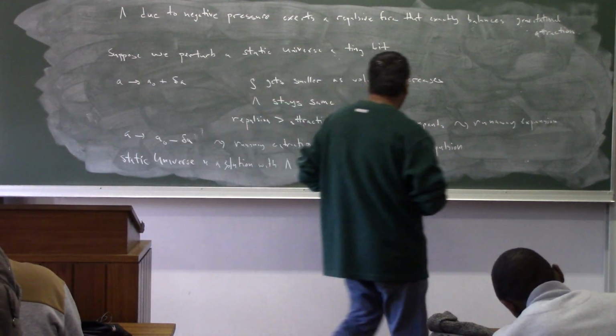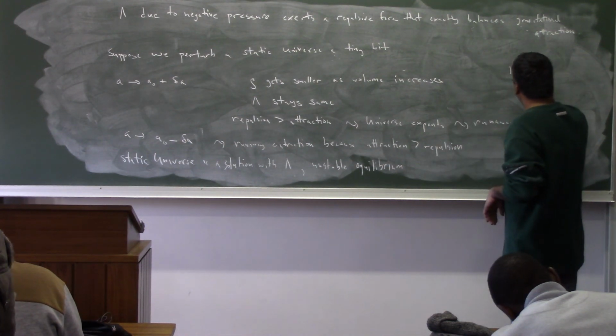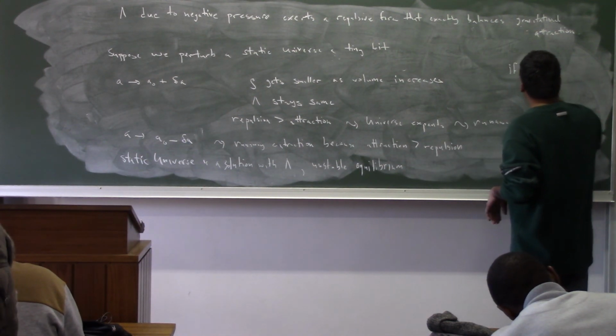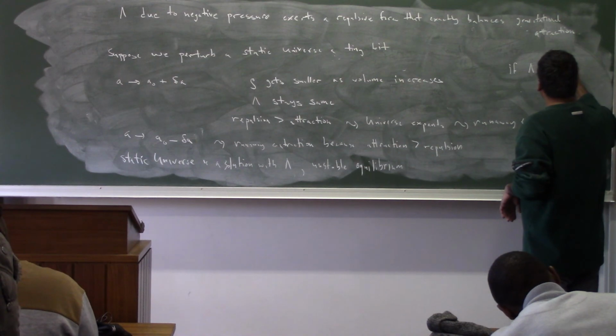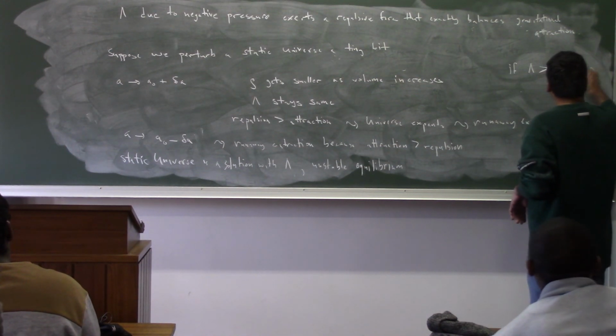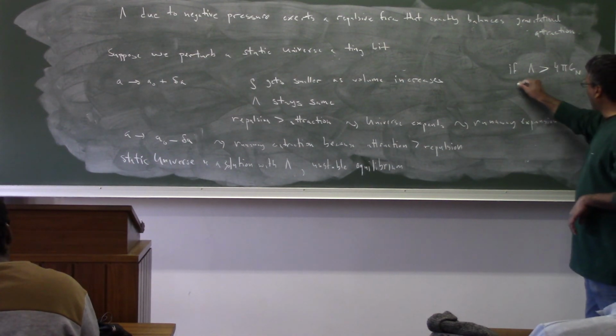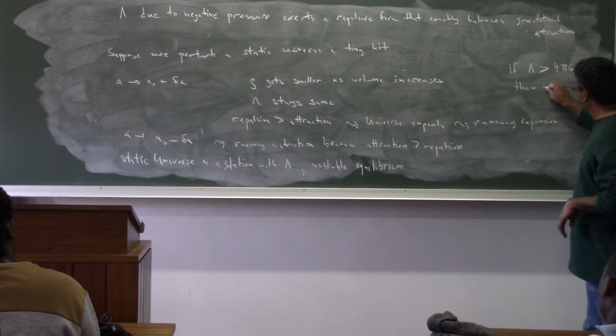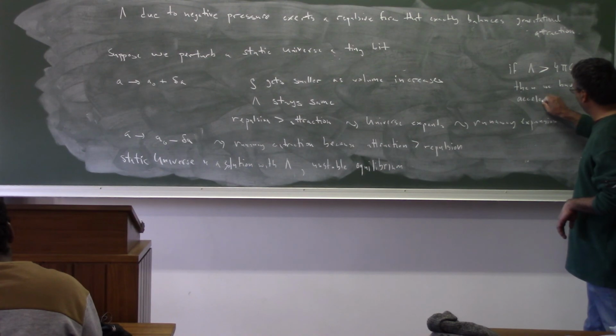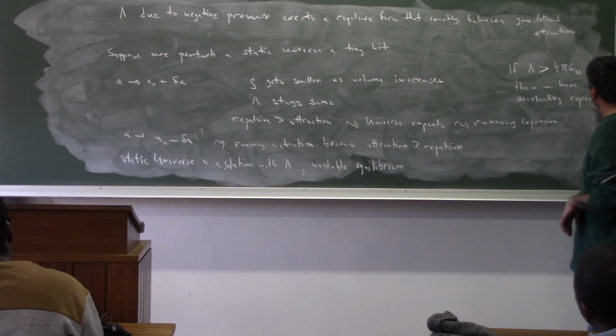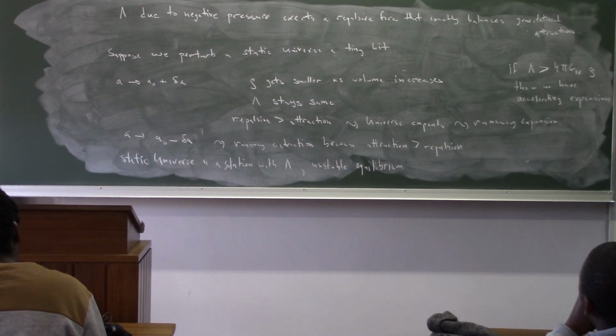So, if lambda is greater than 4 pi G Newton rho, then we have accelerating expansion. And this is indeed what we see today.